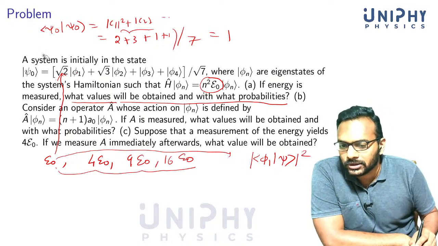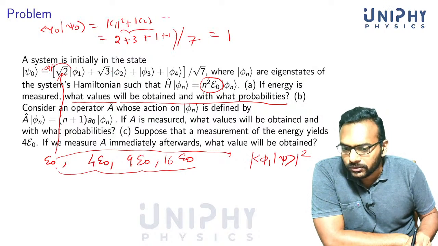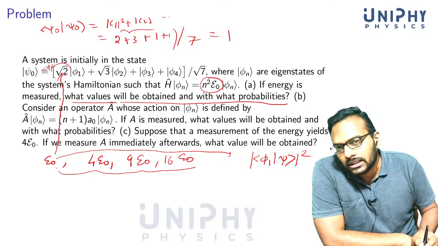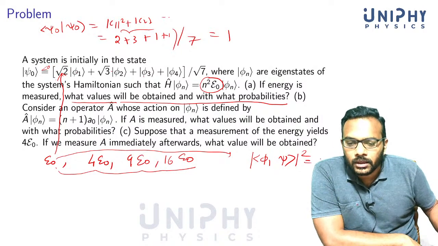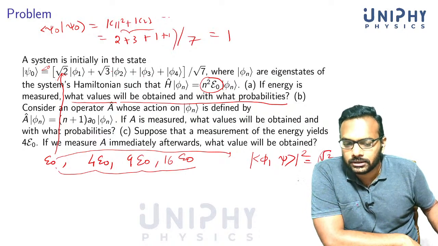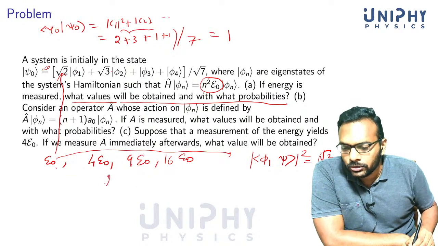And what's that projection? If you project onto phi 1, phi 1 with phi 1 is 1, and phi 1 with phi 2, phi 3 and phi 4 is 0. It's an orthonormal set. So what you get is root 2 by root 7, squared, which is 2 by 7.